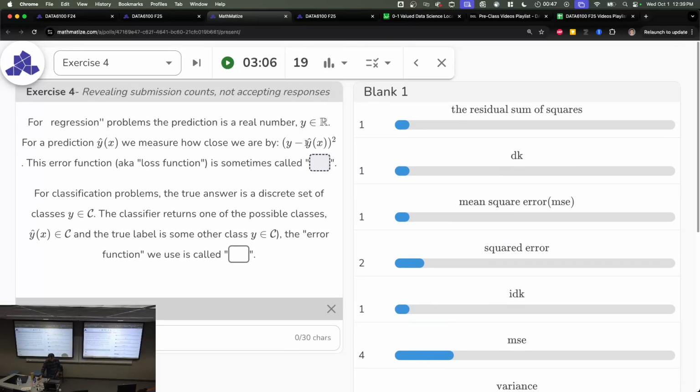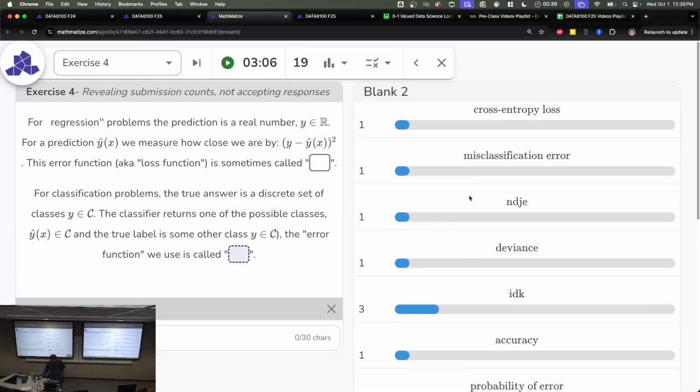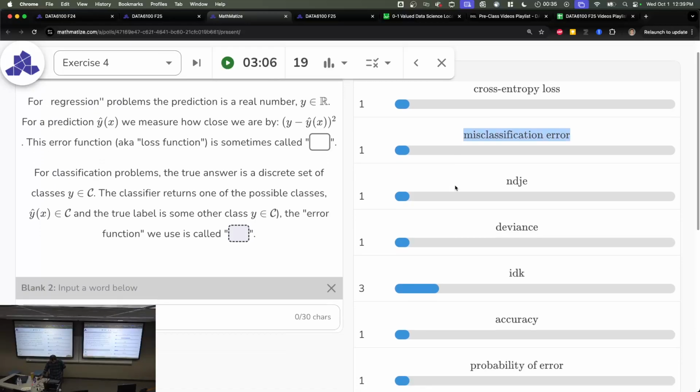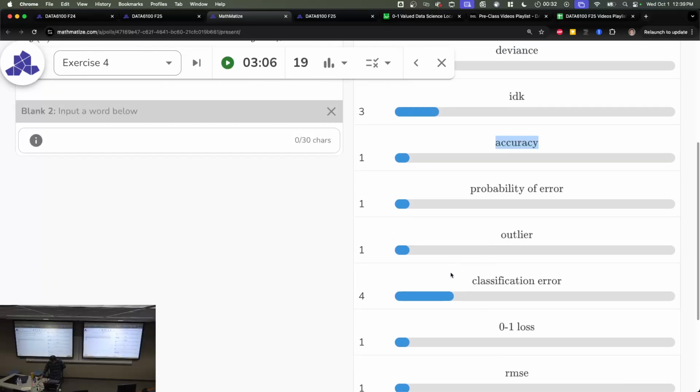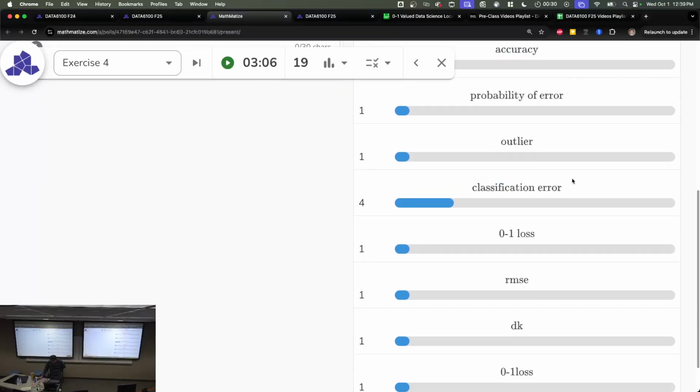That's what we've been doing in the course up until now. What is the analogous thing, the equivalent thing for classification? And what did people write? All right, so the misclassification error, very nice, or the accuracy, these are both the right kind of idea. Classification error is true, but it's like the first rule of the tautology club kind of situation.